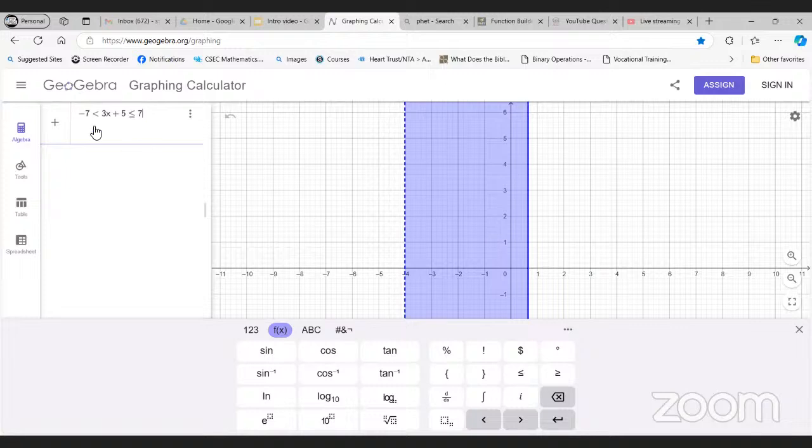So what we're saying now is that this expression, this middle expression here, that's the key thing to notice now. What is it saying? It is saying that this function, 3x plus 5, the x values that will make this inequality true are between -4 and less than 1.